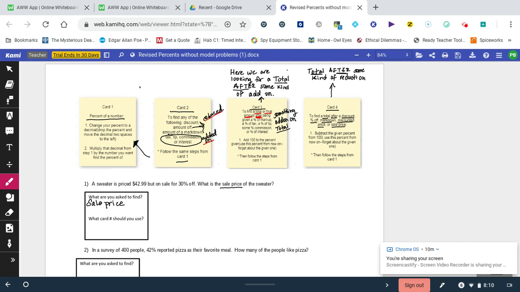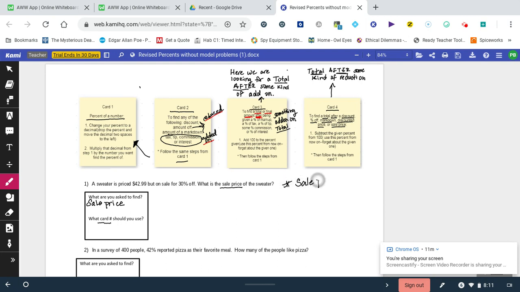So now I just got to figure out what card number to use. Okay. All right. So does card 1 say anything about trying to find a sale price? No. Go to card 2. I don't see anything about trying to find some sale price. And a sale price, guys, I'll be honest, and you all should know this, your sale price is simply the price after they take off the discount. So it's your total price after the reduction. You may want to make a little note of that.